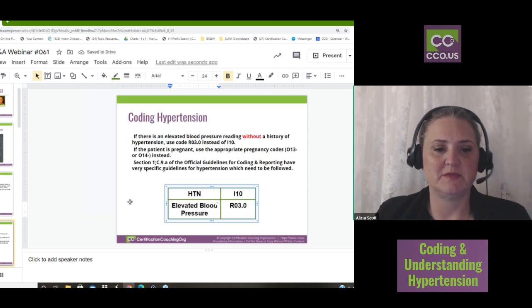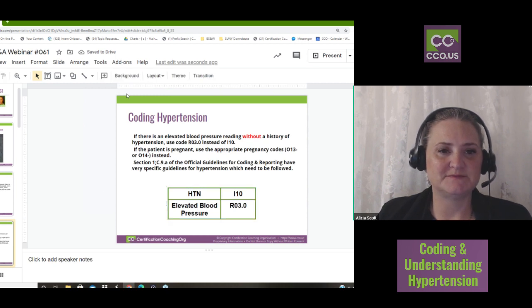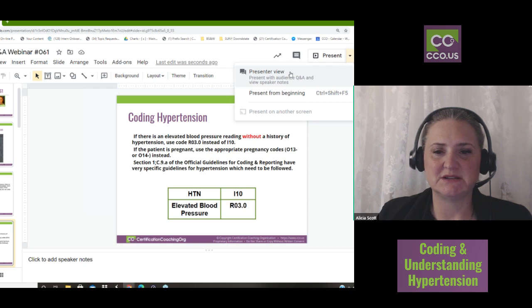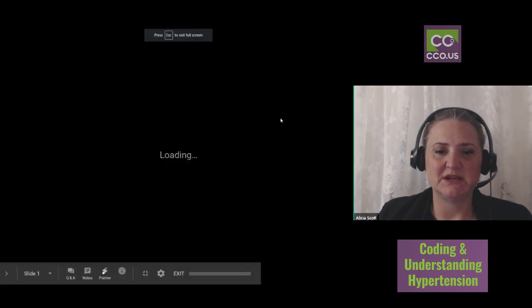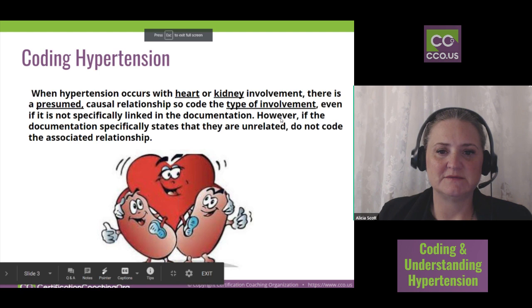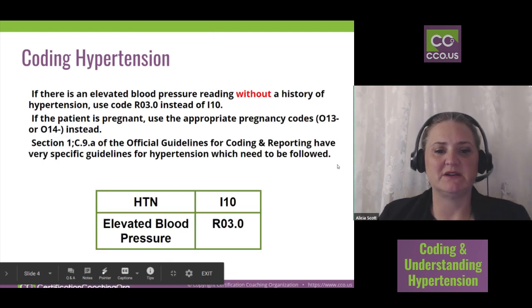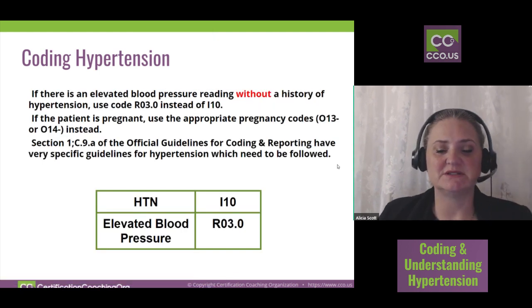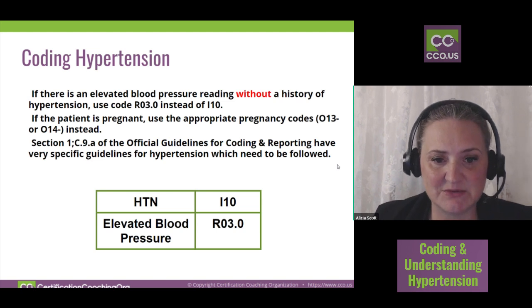There we go. Perfect. Now I can go back to present from the beginning. All right, that looks better. Elevated blood pressure is R03.0.